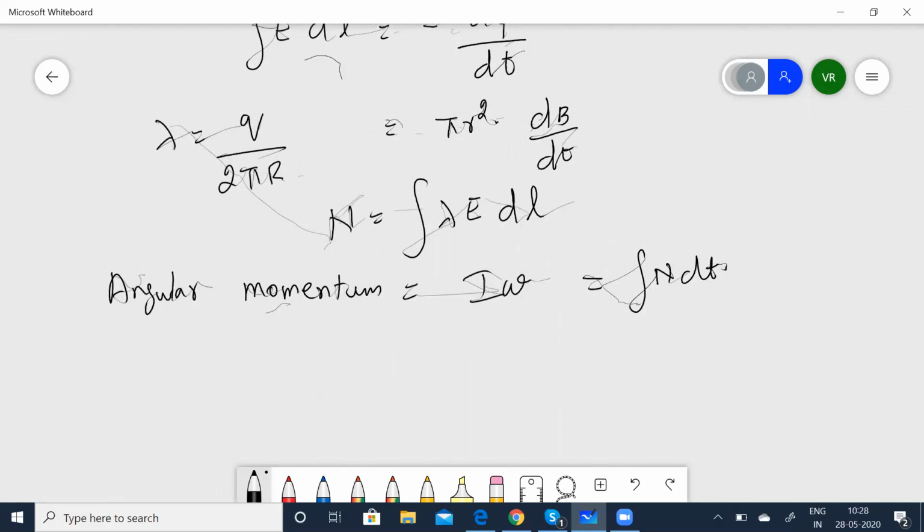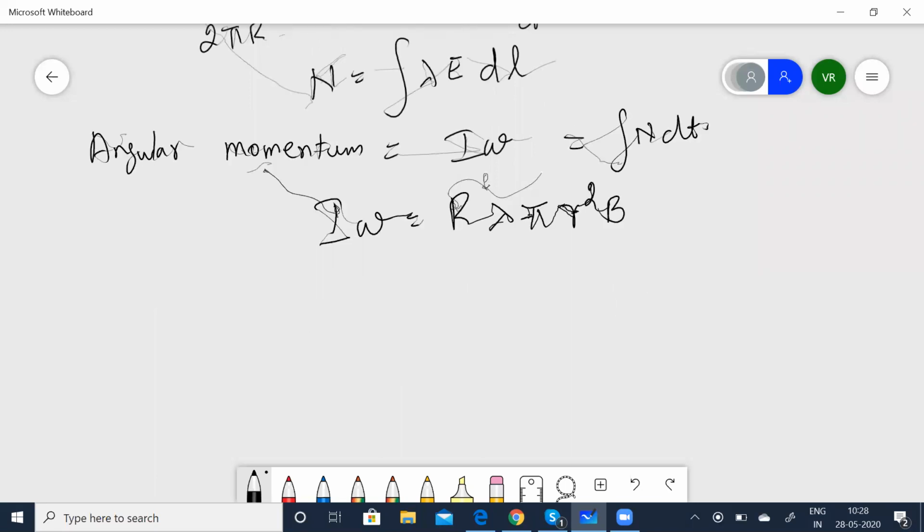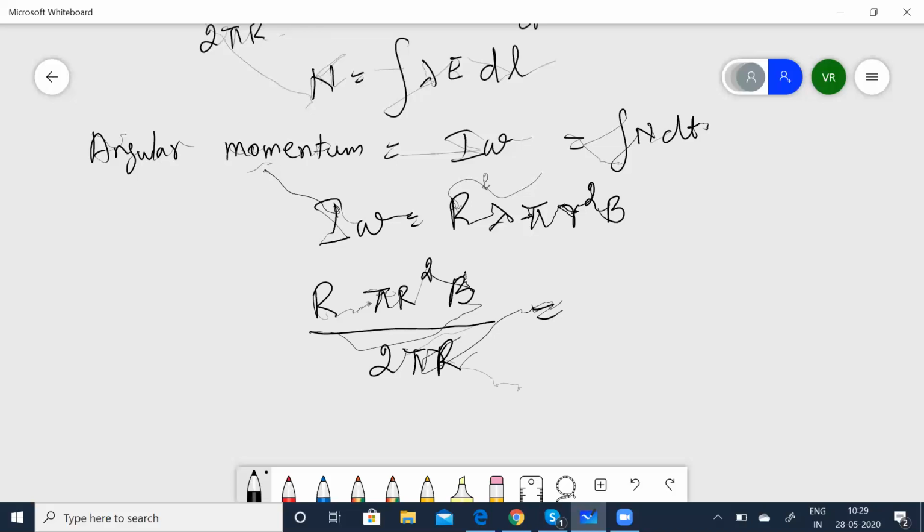So from this you get I omega is equal to lambda r squared B. Then you can substitute the value for lambda, giving q by 2 pi r into pi r squared B, which is equal to m r squared omega.